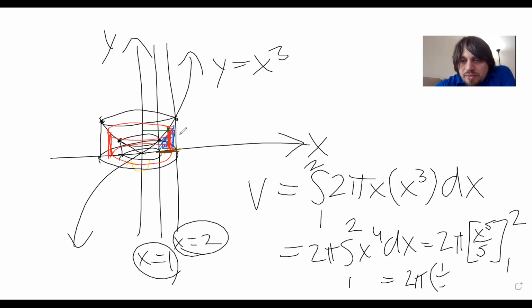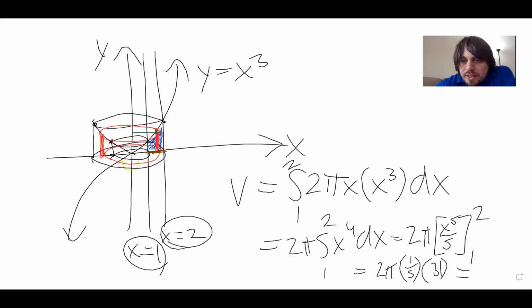I'm going to factor out the 1/5. So then it's 2 to the 5th minus 1 to the 5th, that's 32 minus 1, which is 31. And so that's your answer. The answer is 62 pi over 5.